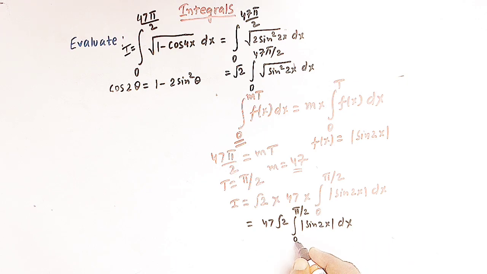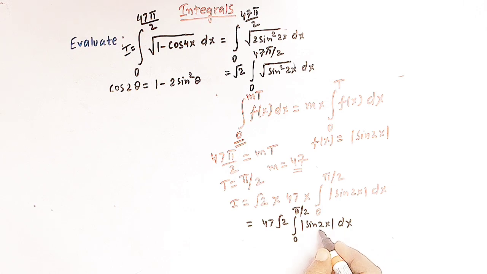And here the limits of integration vary from 0 to pi by 2, and here we have mod of sine 2x, right? So let us see here the concept of sign convention of trigonometric function in four quadrants, right? Because the sign convention helps us to evaluate this integral.